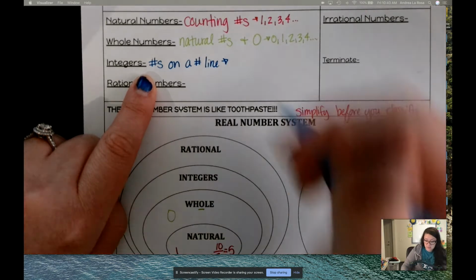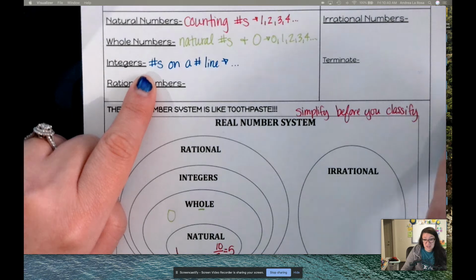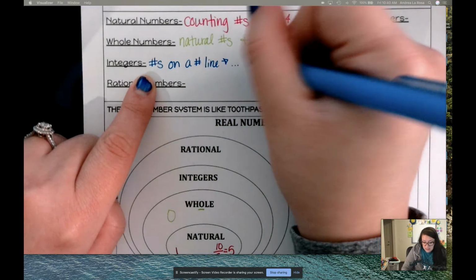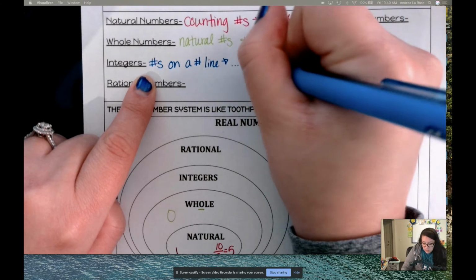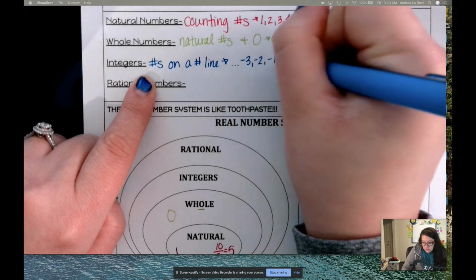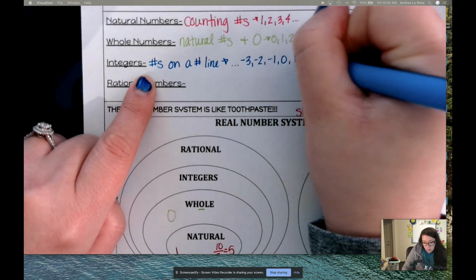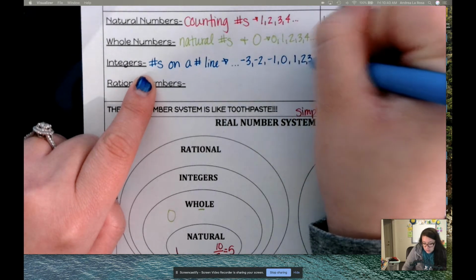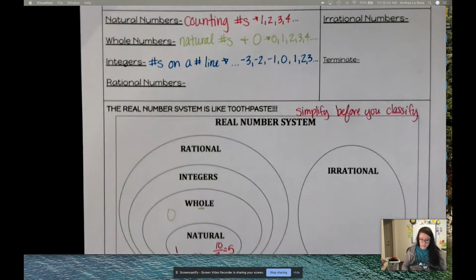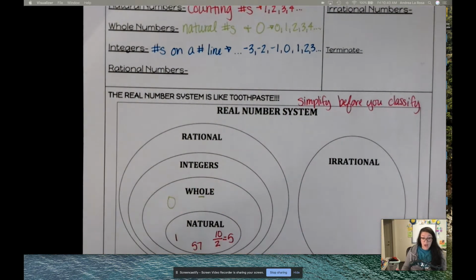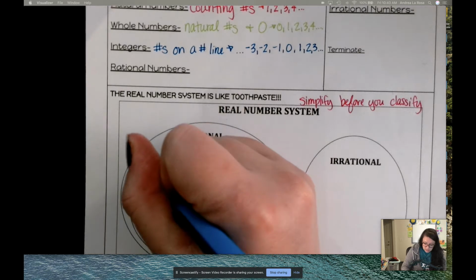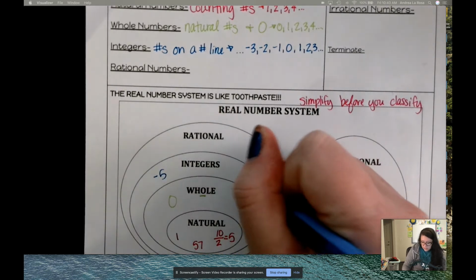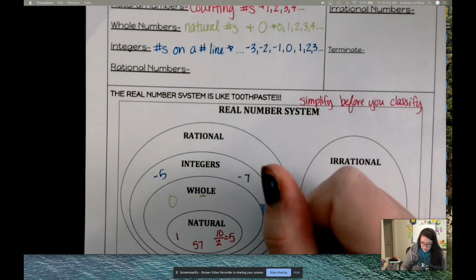Positives and negatives. So there's a bunch of numbers. I'm not going to start at the very beginning because I can't. But I'd have like -3, -2, -1, 0, 1, 2, 3, and I can keep on counting. So integers include the negative numbers. So let's have like a -5 and a -7.